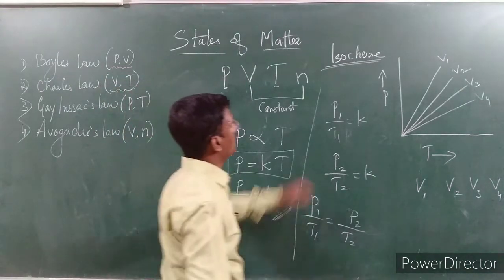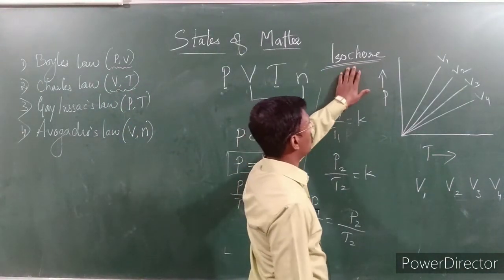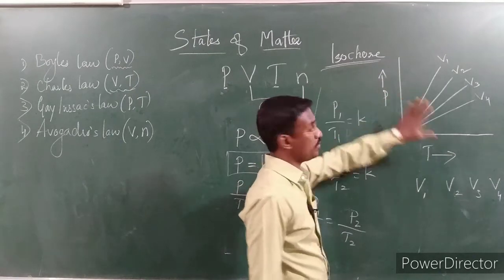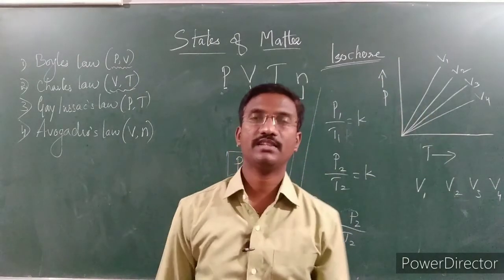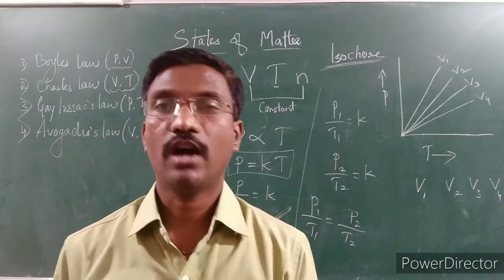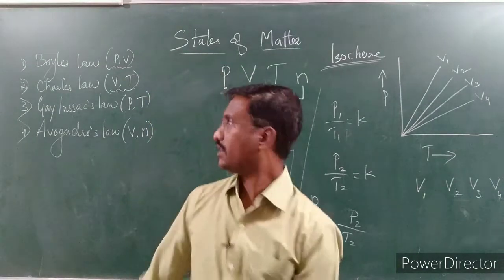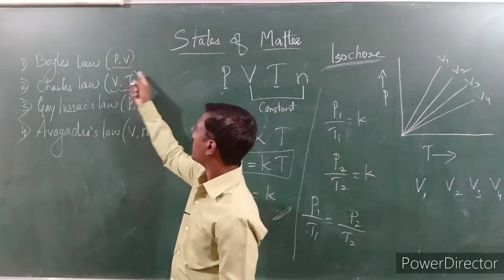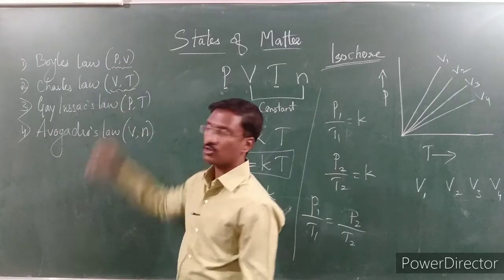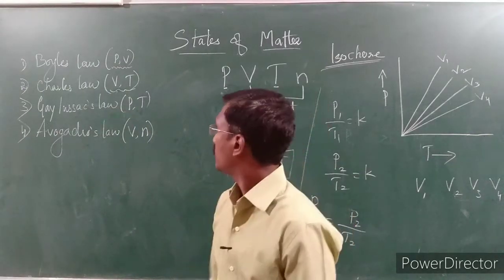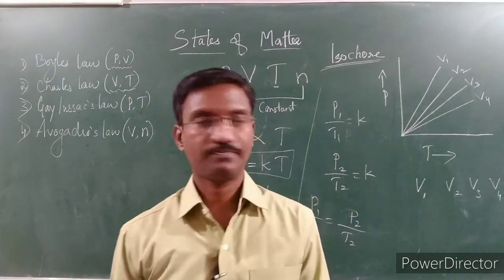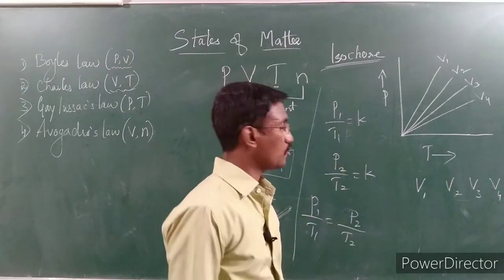For that reason, we call it isochore. Isochore is the graph which has a constant volume. The isochore graph appears only in Gay-Lussac's law, isobar appears in Charles's law, and isothermal appears in Boyle's law. Is it clear? So this is isochore.